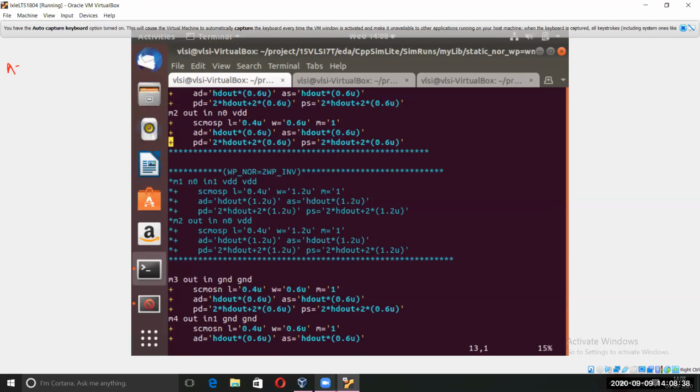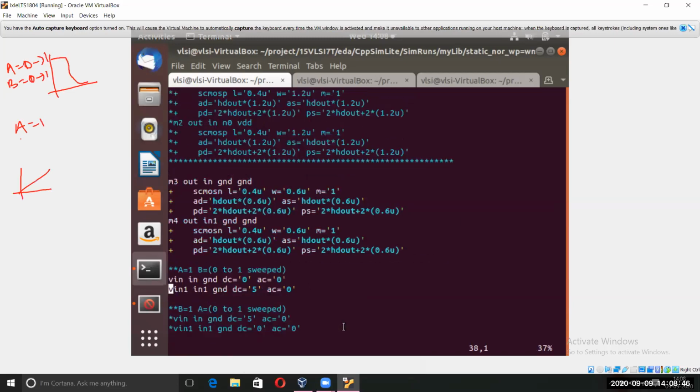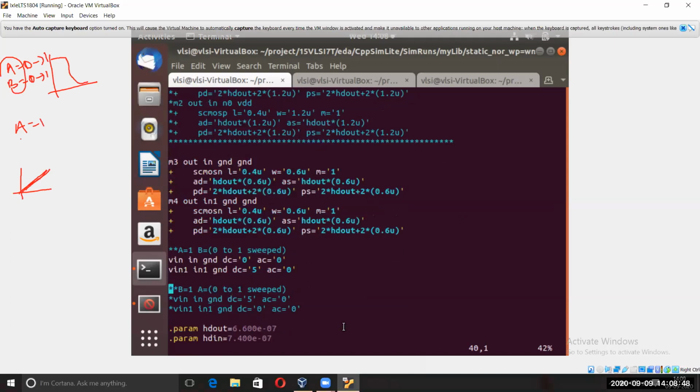Both inputs A and B are connected to the same voltage, and you will give the DC sweep. In that case, you have seen this type of plot.